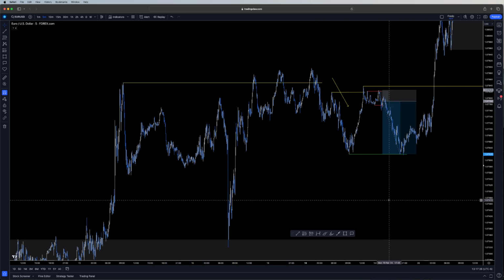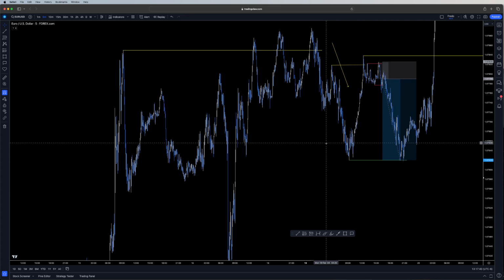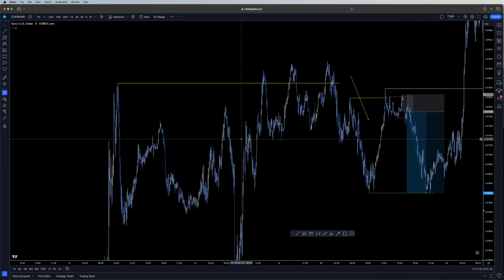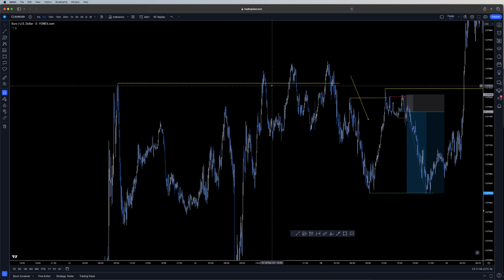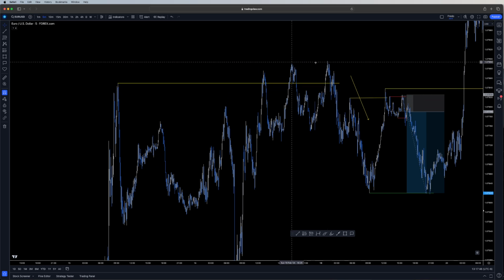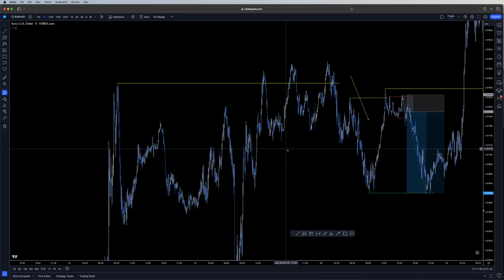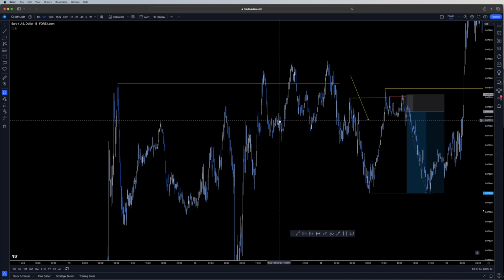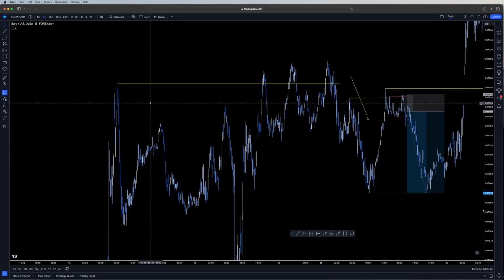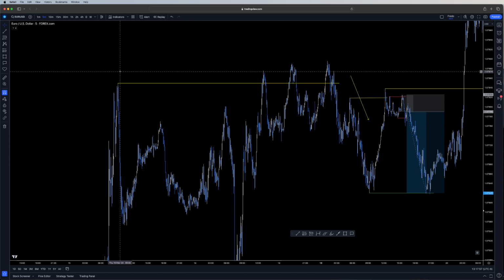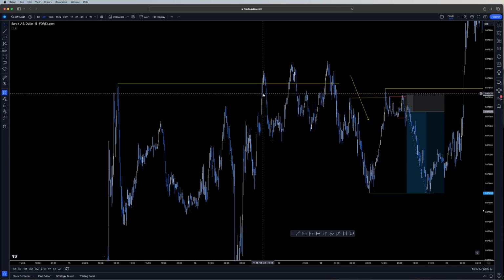So when it comes to how I found my bias, one is an unsubstantial new break. So this is not a sweep model, but this is an unsubstantial new break. As I told you guys before, in a recent Zoom, the definition for that is when we have a break of structure, but we have an immediate transition after we break that swing point.